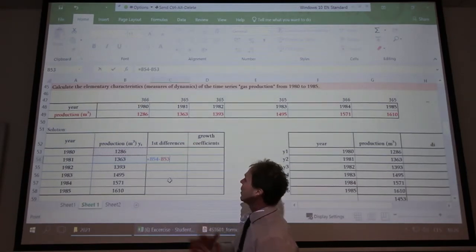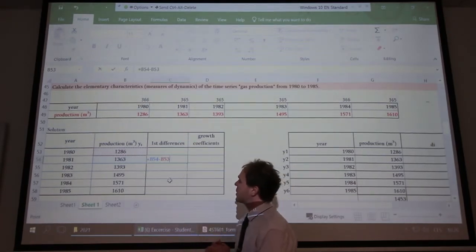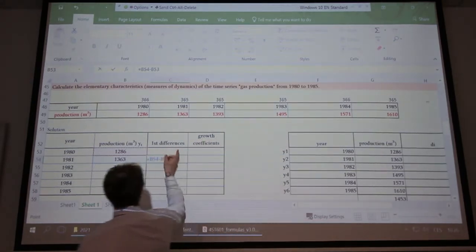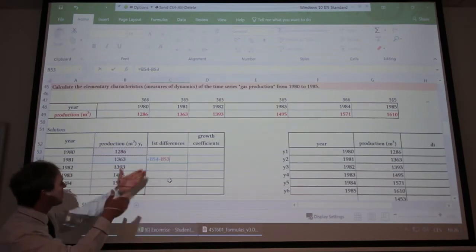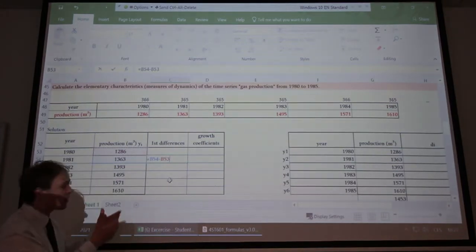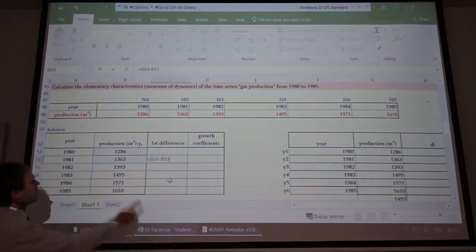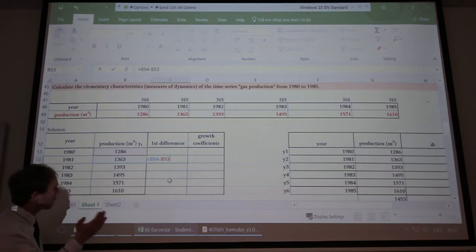If you calculate the first differences, Mr. Hellman said to you that we are losing one observation. One observation must be omitted, because we must start here with value in time t minus value in time t minus 1, and the result.